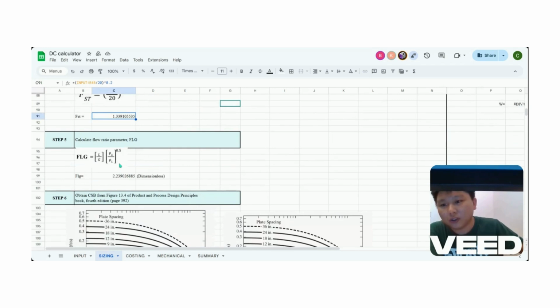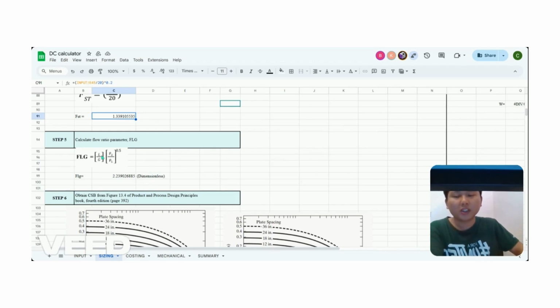So the flow ratio parameter FLG will be the liquid flow rate divided by the gaseous flow rate, and then multiplied by the density of the gaseous state over the density of the liquid state, then raised to the power of 0.5.